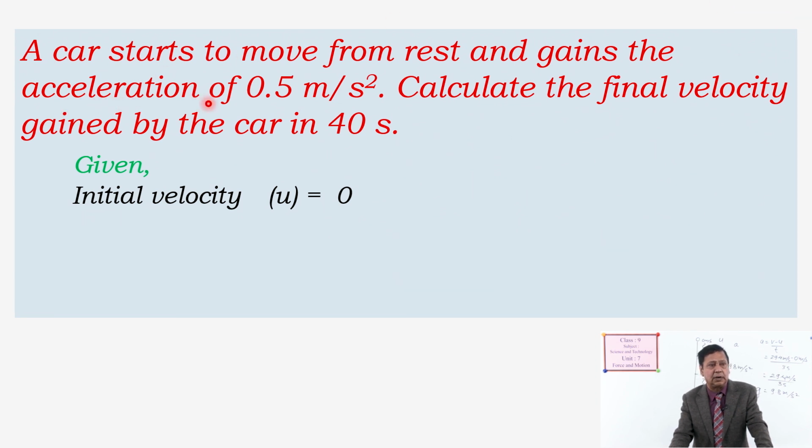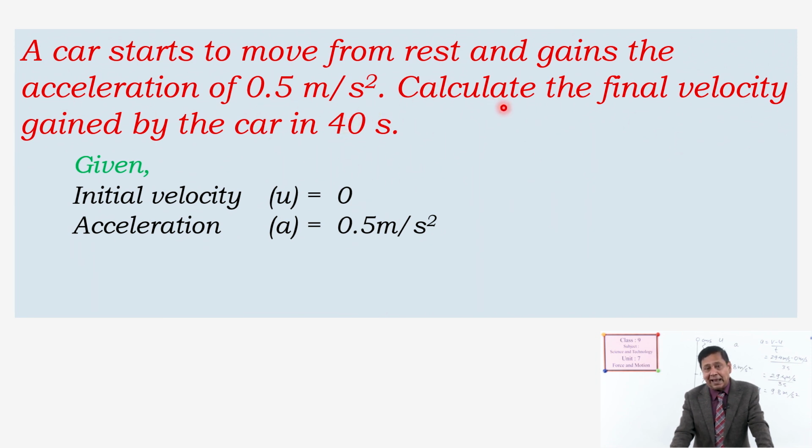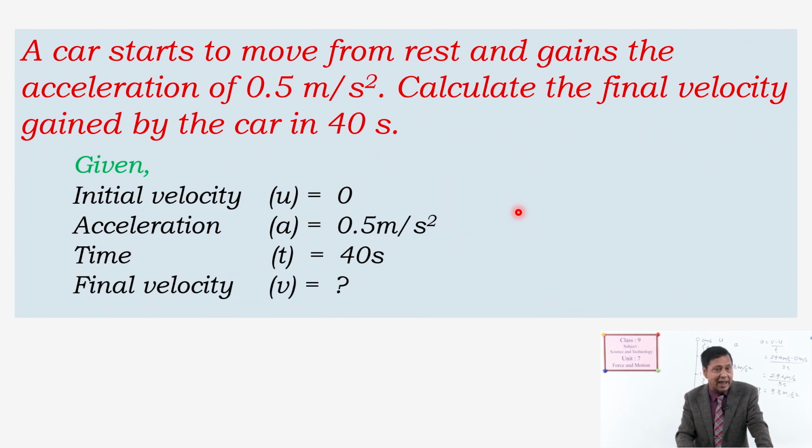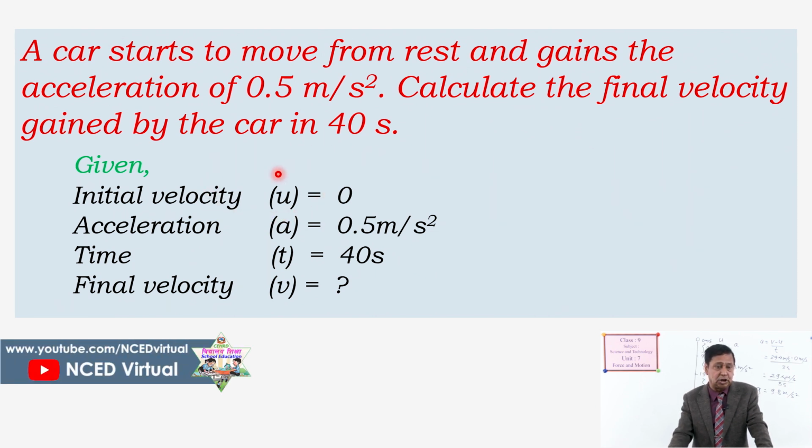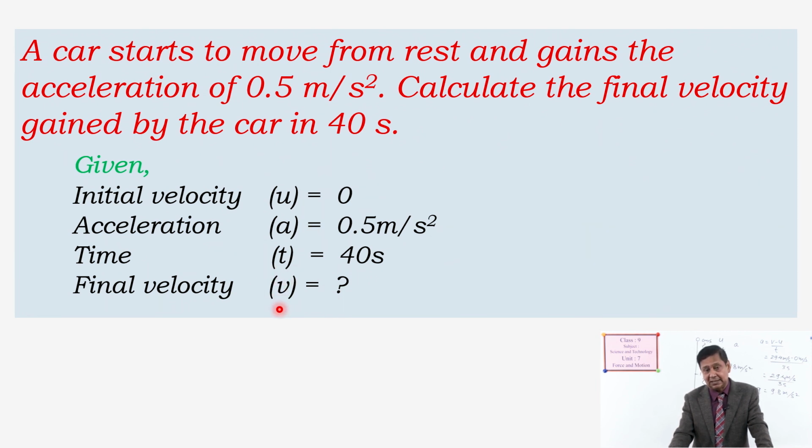And gains an acceleration of 0.5 meter per second square, so we can write acceleration a is equal to 0.5 meter per second square. Another, 40 seconds is given, time is given here. That's why we can write time t equal to 40 seconds, and the question is final velocity is equal to what? Now three informations are given, u, a, t, and fourth is asked, v is asked.